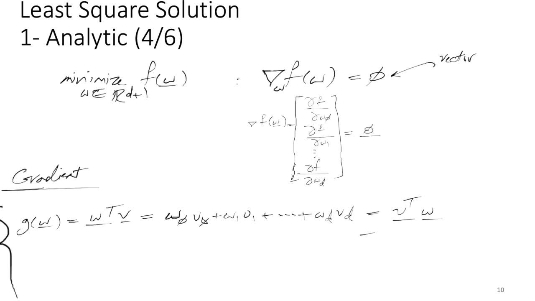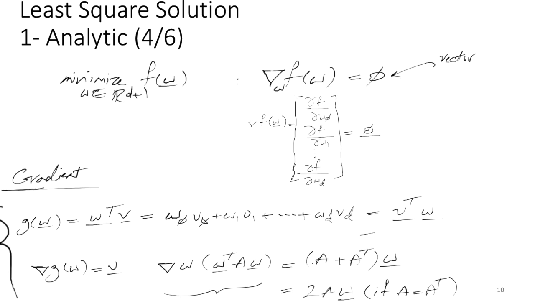We define the gradient of g as g of w equal to wtv. We name it v here. So if you expand that as a linear system, it's going to be w0 v0, w1 v1 up to wd vd. And if you present it in a vector notation, it's going to be v transpose w.